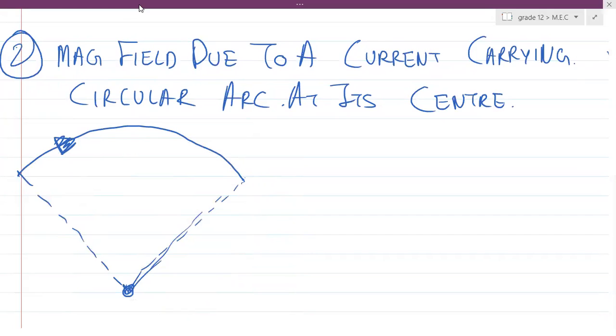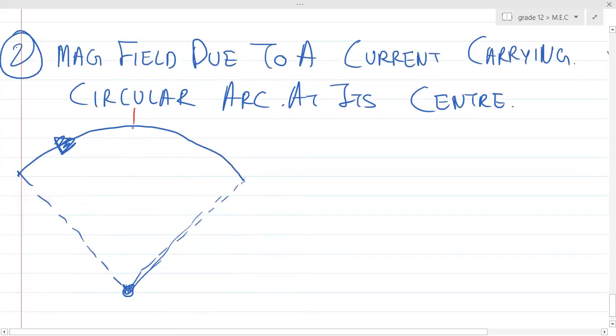Can you see the circular arc now? This total angle is basically phi. This line is the angular bisector, so it is phi by 2 and phi by 2.